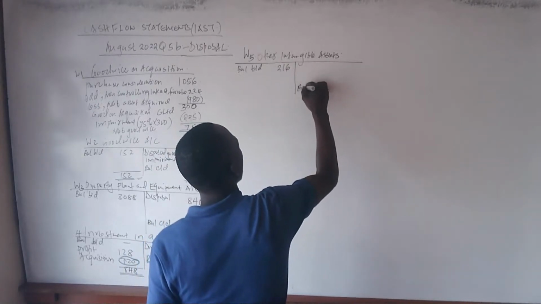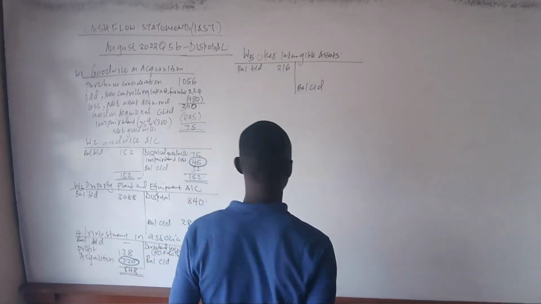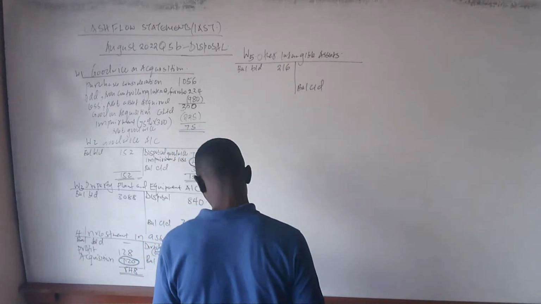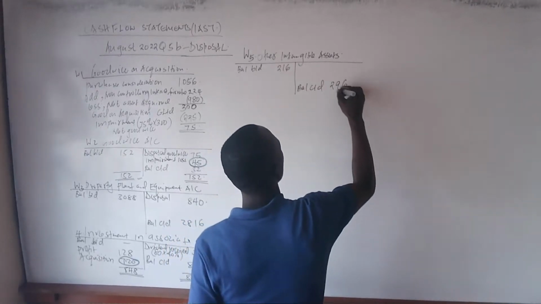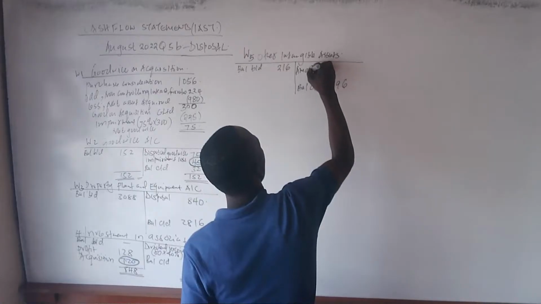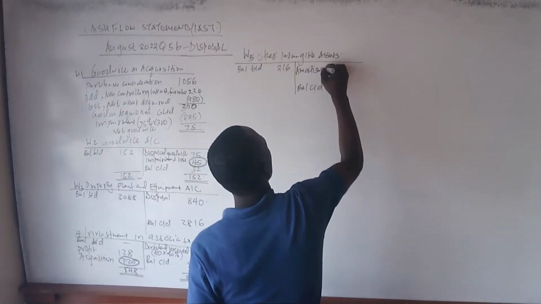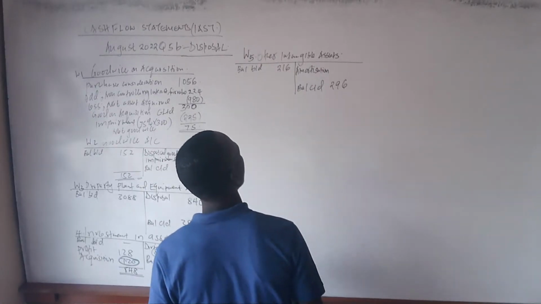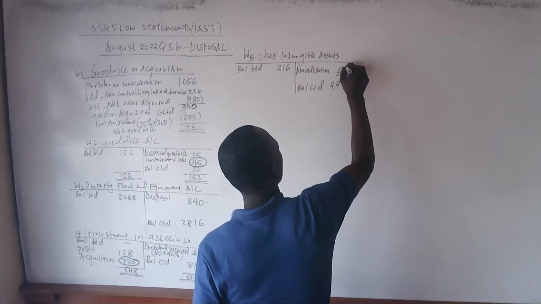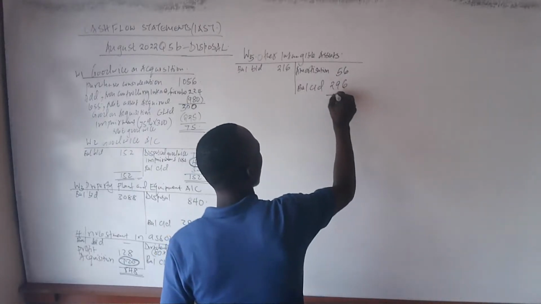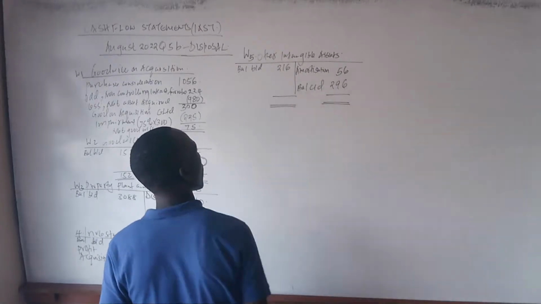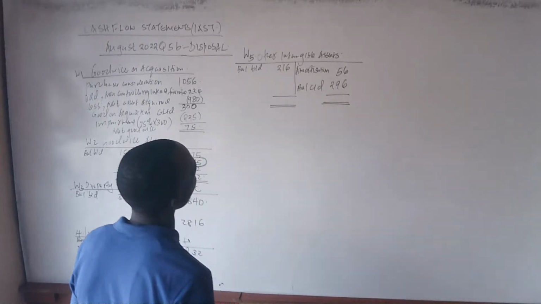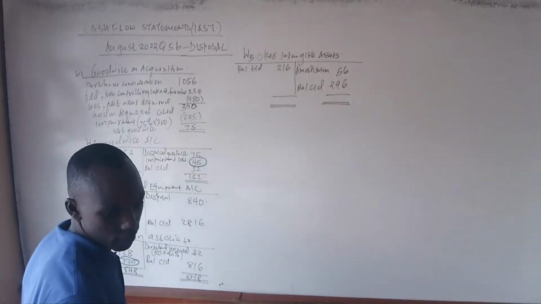Balance brought down is 216. Balance carried down is 296. So give me the amortization. Amortization we are given 56. And therefore, did we acquire any purchase?